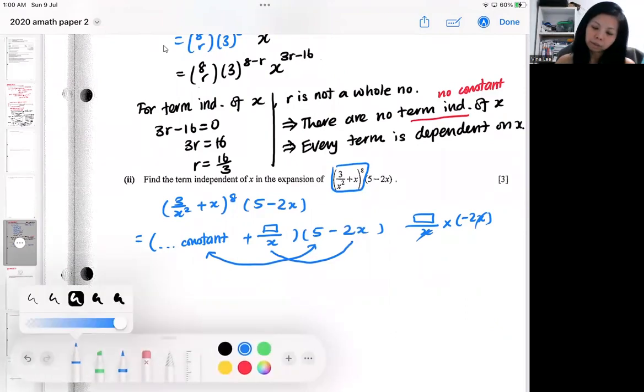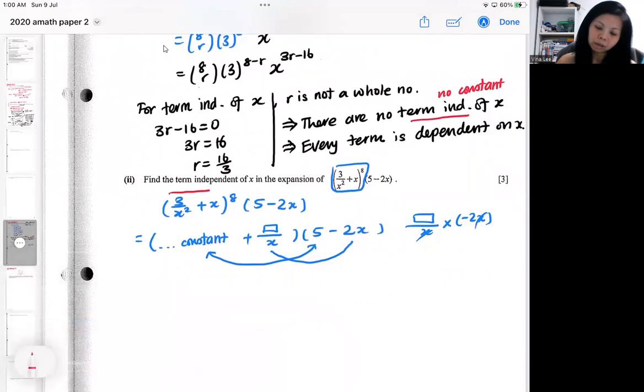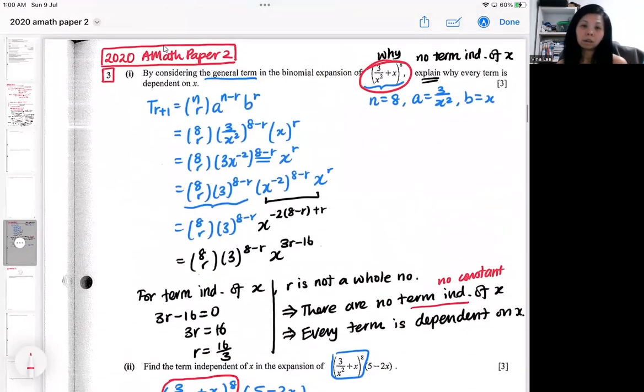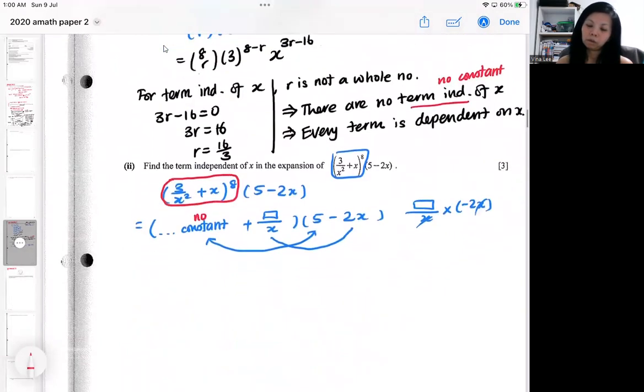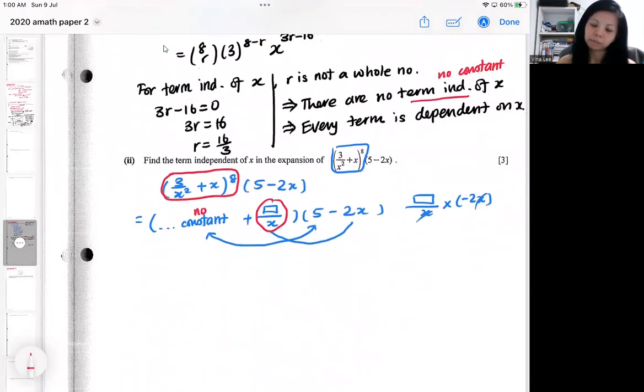However, in the first part, we already know that this has no constant. So I can only find this one. This will be the coefficient of x to the power minus 1, because it's something over x.